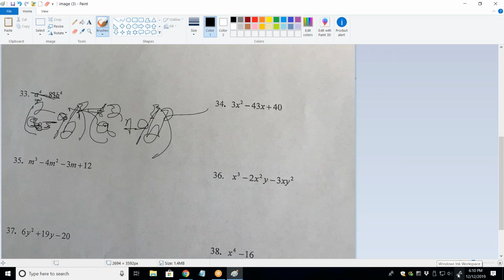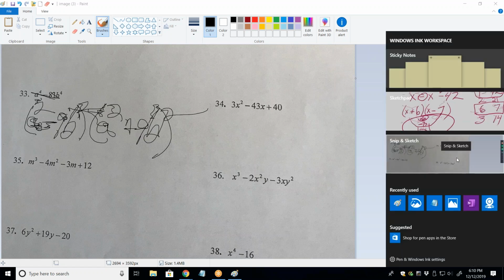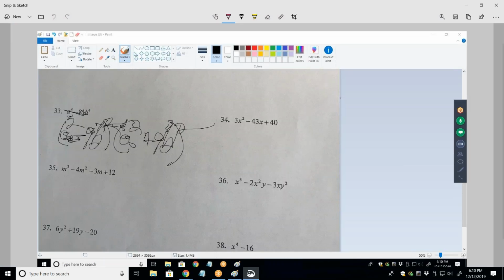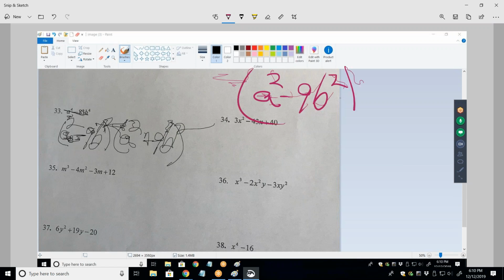Let me do it this way, though. That other way really does not work at all. I'm just going to have to go out and get a new drawing pad, I guess. So here's where we're at. We're at a squared minus 9b squared times a squared plus 9b squared.